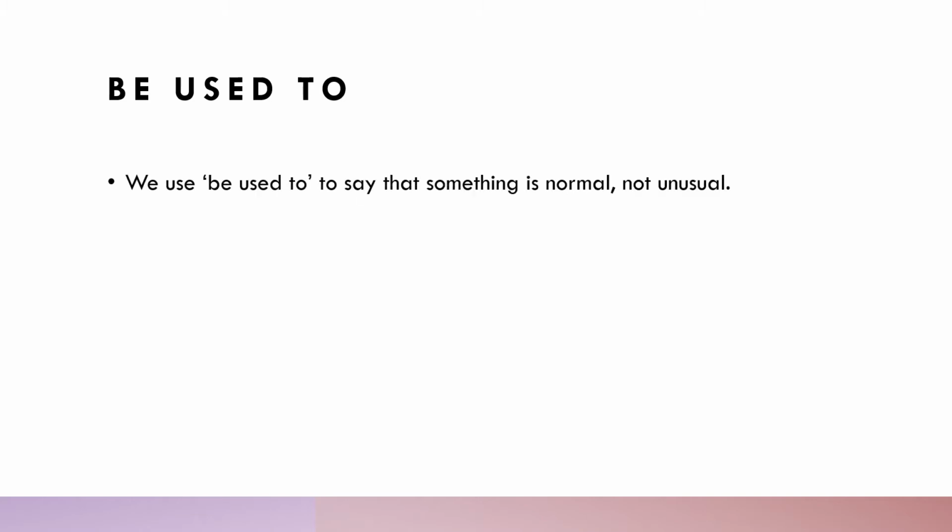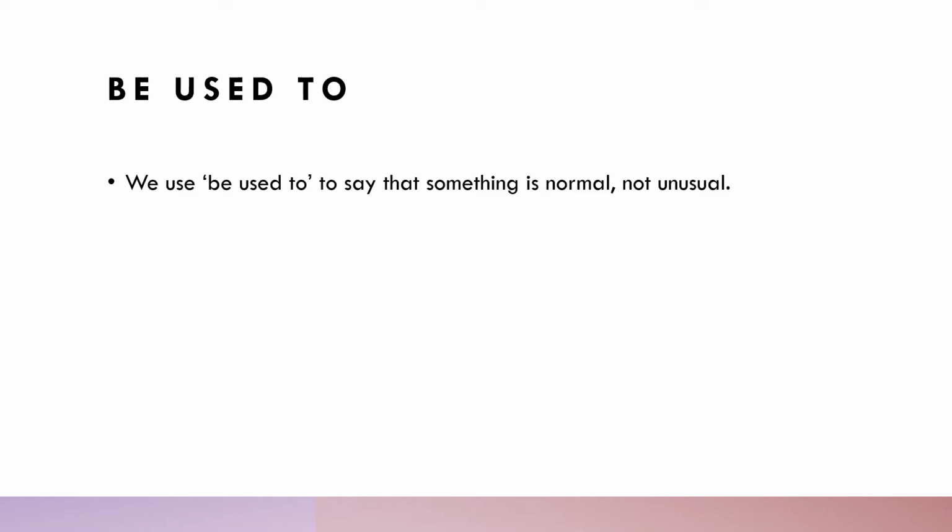The next one is be used to. So what is be used to? Actually the word be means the be verb. Be here refers to the be verb. So what is a be verb? Be verbs are verbs like am, is, or are.